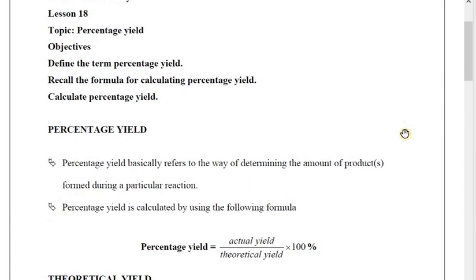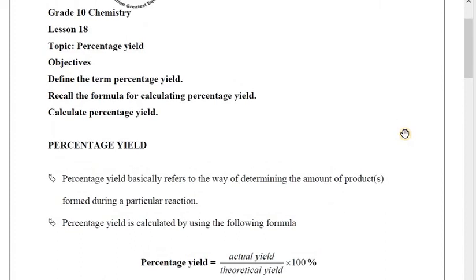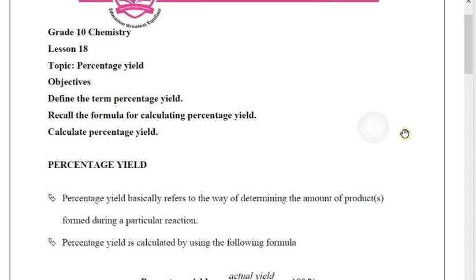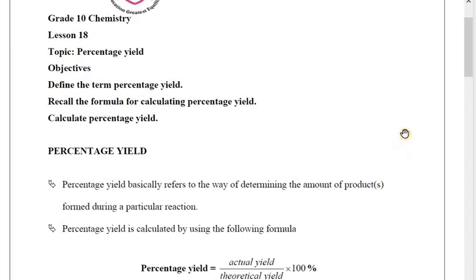And as such, you must be able to calculate to say, we would have expected to get this much, but because of factors beyond our control, we got less. So that's the percentage yield. But you don't get more, right? Usually you get less. Just look at the objectives and get yourself ready for this lesson.